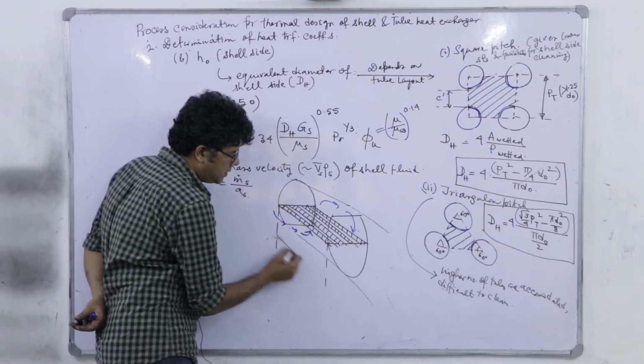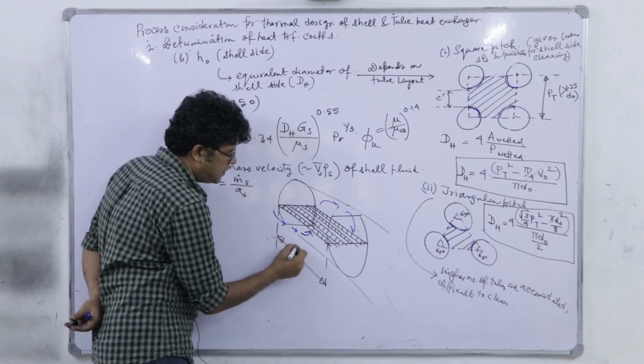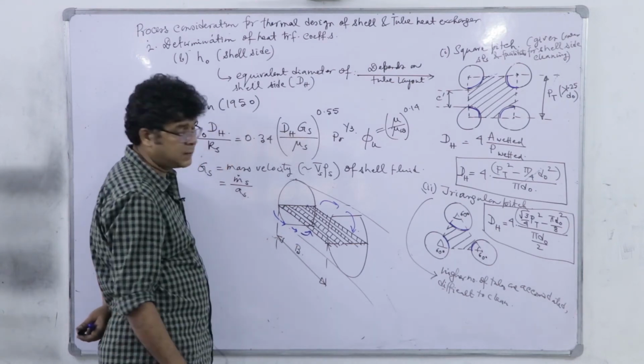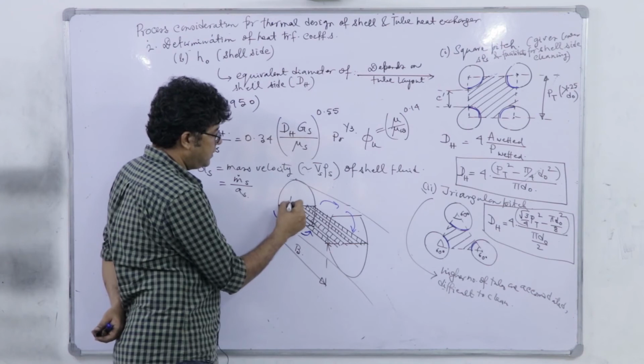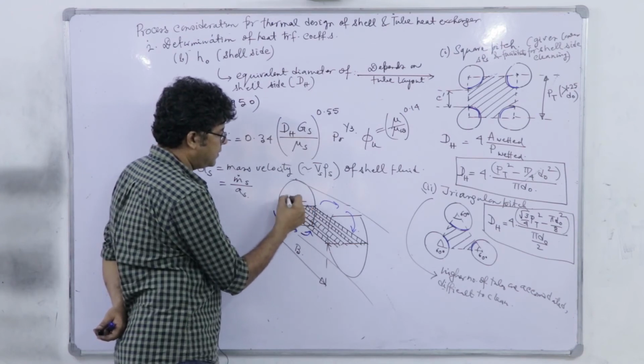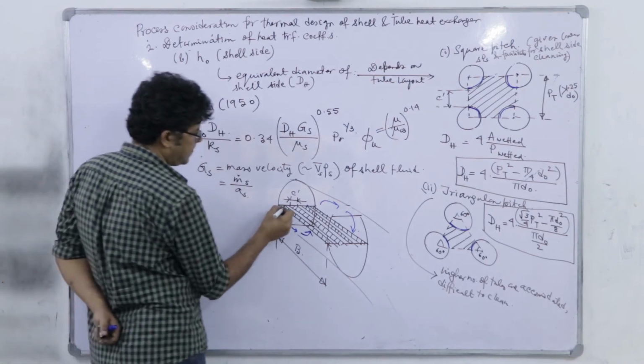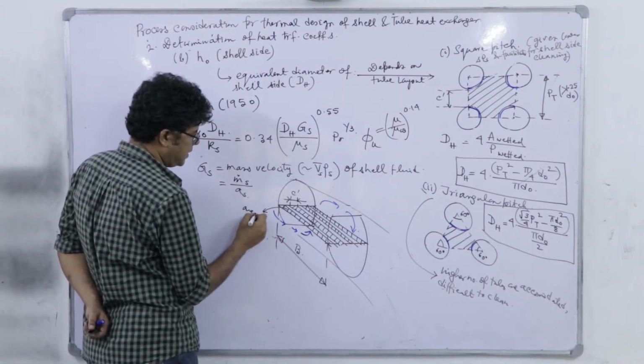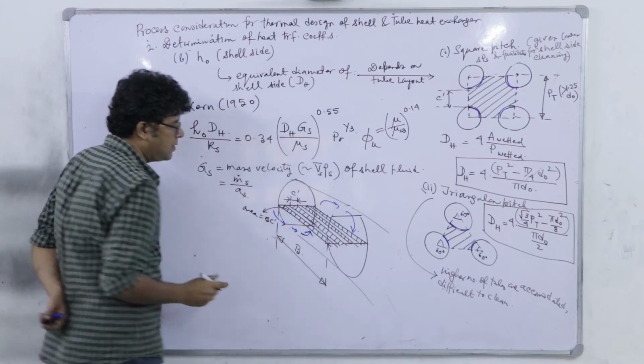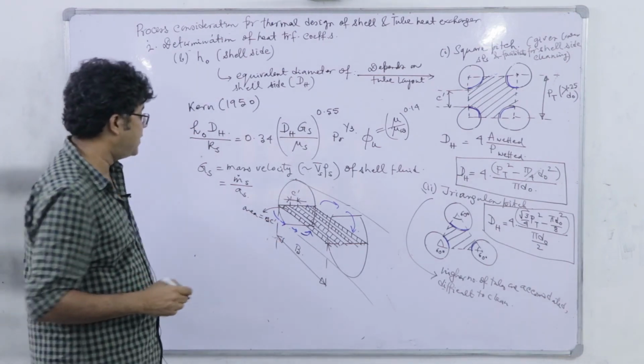We know that this is equal to B, baffle spacing, right, and this gap is the clearance C prime. So the area of an individual rectangle like this is B into C prime. Now how many such rectangles are present?